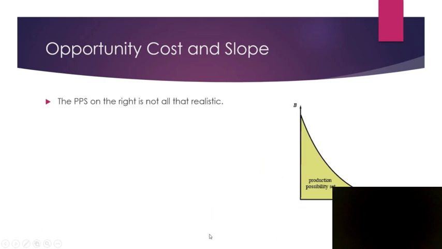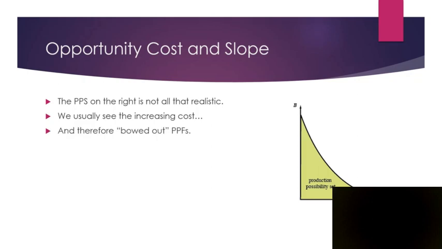Now, here's a PPS that's not that realistic. So if you look at the production possibility set on the right, I'm not suggesting that we would see this in the real world because we usually see increasing cost, and that's why we have that law of increasing costs. And that's why we normally would see bowed out PPFs.